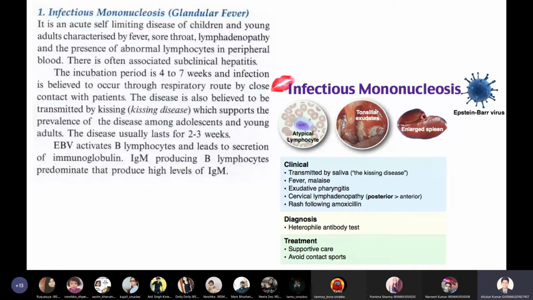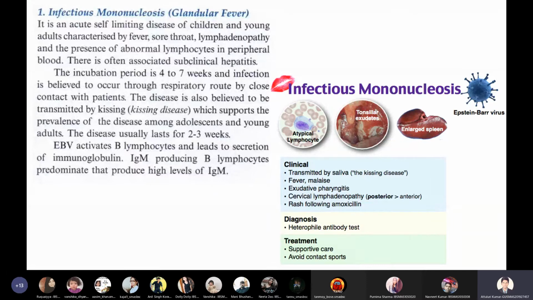It is not so deadly, but it may cause cancers. It may cause B-cell lymphoma, a cancer condition called Burkitt's lymphoma, caused by Epstein-Barr virus. Whenever Epstein-Barr virus activates B cells, it leads to secretion of IgM antibodies. Due to the attack, the B cells will undergo a cancerous change.